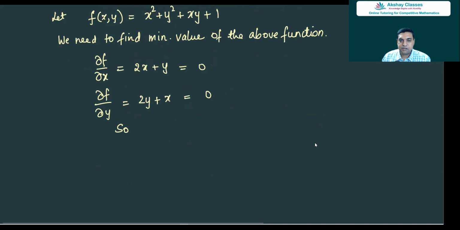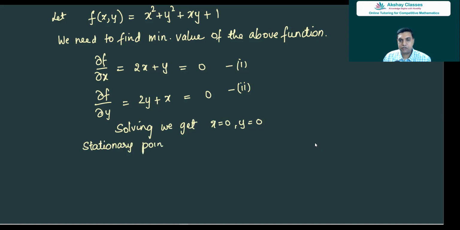Solving, we get these are two lines, y equal to minus 2x and y equal to minus x by 2. They both have only one point of intersection. We get x equal to 0 and y equal to 0. So the stationary point is (0, 0).